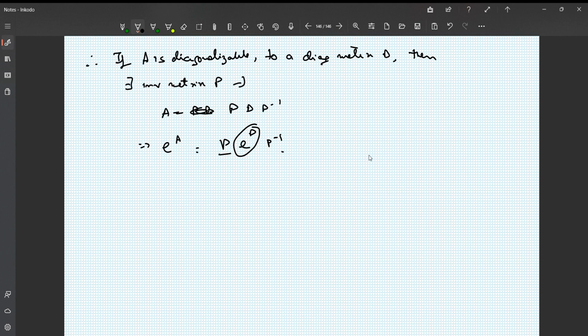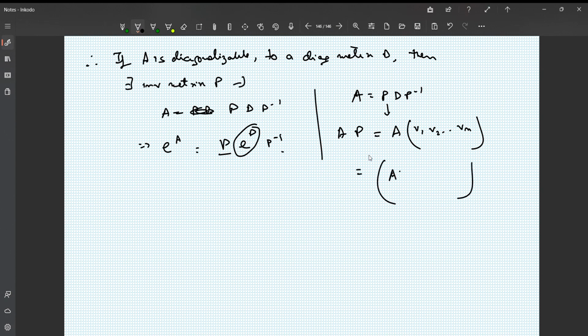If you recall how A equals P D P inverse comes out when A is a diagonalizable matrix, this P consists of eigenvectors along the columns. So what is AP? Suppose P is of the form V1, V2 till Vn, where each of V1, V2 till Vn are eigenvectors associated with eigenvalues lambda 1 till lambda n. Then AP is AV1, AV2 till AVn.